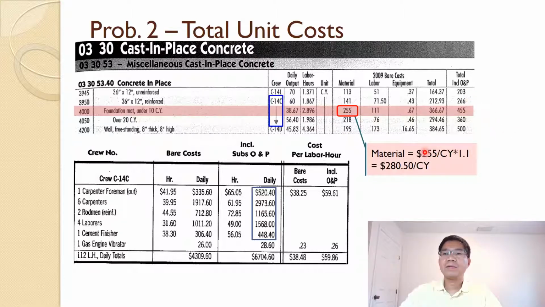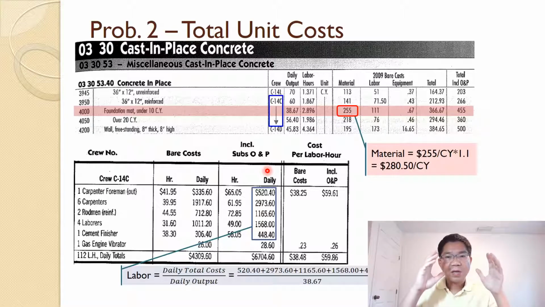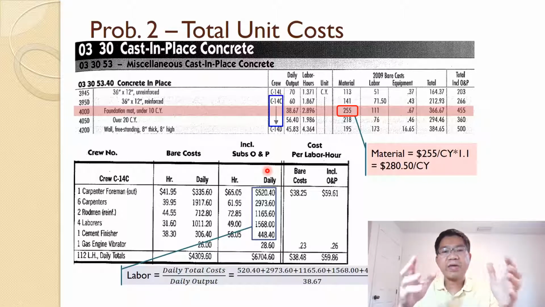For overhead and profit, for the material, they use 10% overhead and profit. So this is direct times 10% more, then you get the material including overhead and profit. And then for the labor, of course, you use including overhead and profit, not 10%. It's much more for the labor because of fringe benefits, healthcare, all of that. So you add all of this up, divide by the output again, you get $172.60 per cubic yard.